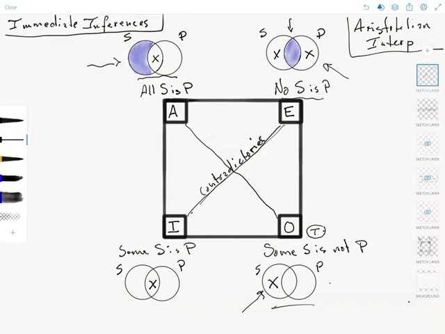Why? Because that region of S is not empty, by the assertion that the O is true.